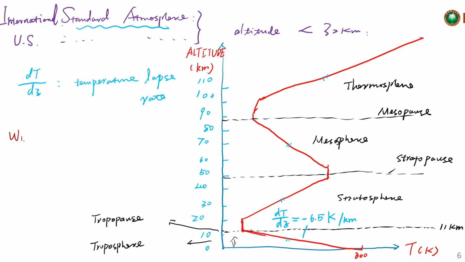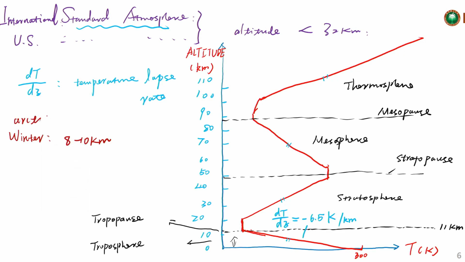In winter, in Arctic regions, the height of the troposphere is around 8 to 10 kilometers.